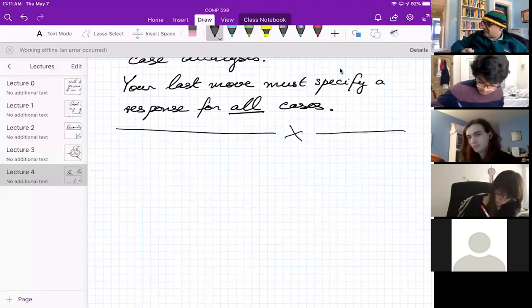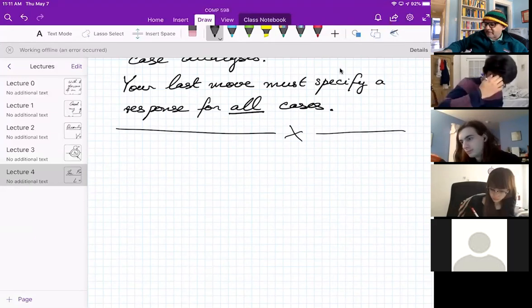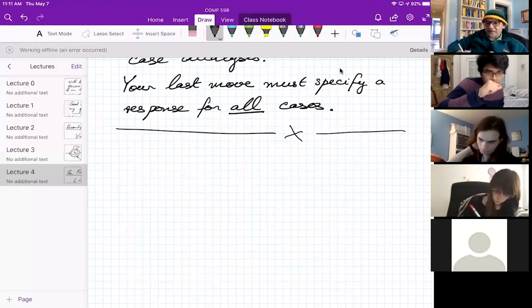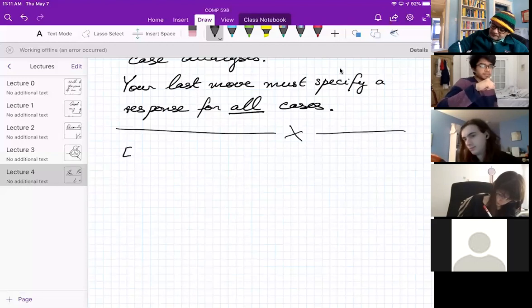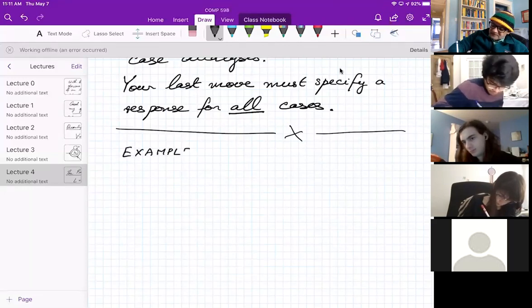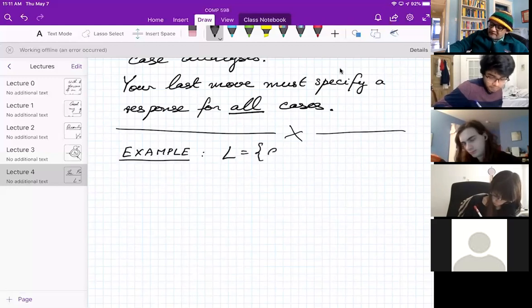So let's do a super simple example, one that we are totally convinced already is not regular, but we'll play the game with the demon just to see the format of how you should write up these proofs. So the language is the familiar one.